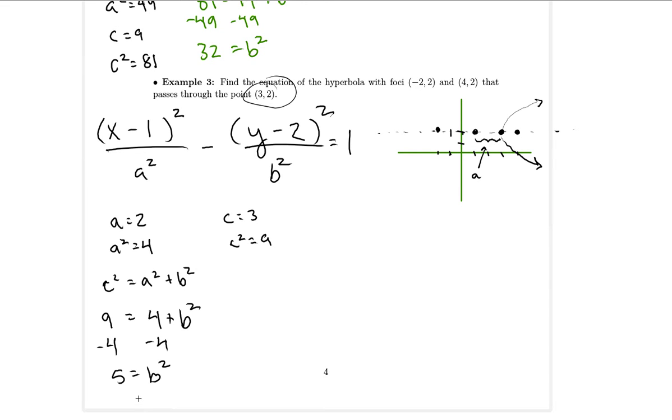Of course b is root 5, but the most important part here is that we've got the equation, because that's what it asked for. So (x minus 1) squared over 4 minus (y minus 2) squared over 9. Oh, excuse me, not over 9, over 5, is equal to 1.